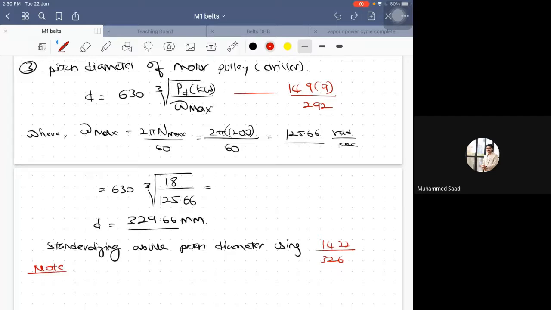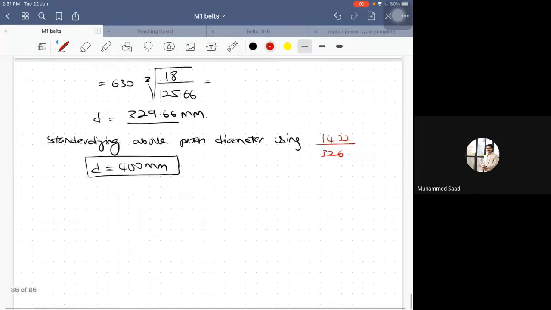Before that, I would just write the standardized value. So the standard value is 400 mm. Okay. Just put it in a box. After that, you can write a note for your clear understanding.